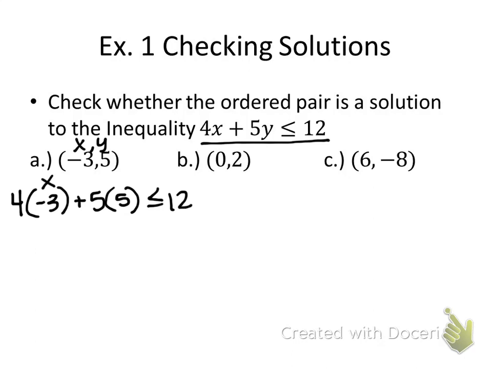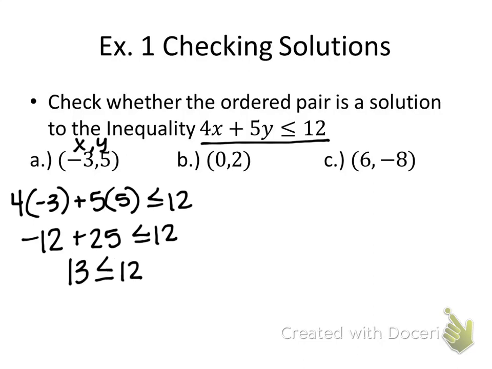All I did was take out the x and plug in the negative 3, take out the y and plug in the 5. 4 times negative 3 is negative 12, plus 25, is less than or equal to 12. So I'm going to have 13 is less than or equal to 12. Is that a solution? Is 13 less than or equal to 12? No. Okay, let's try the next one.